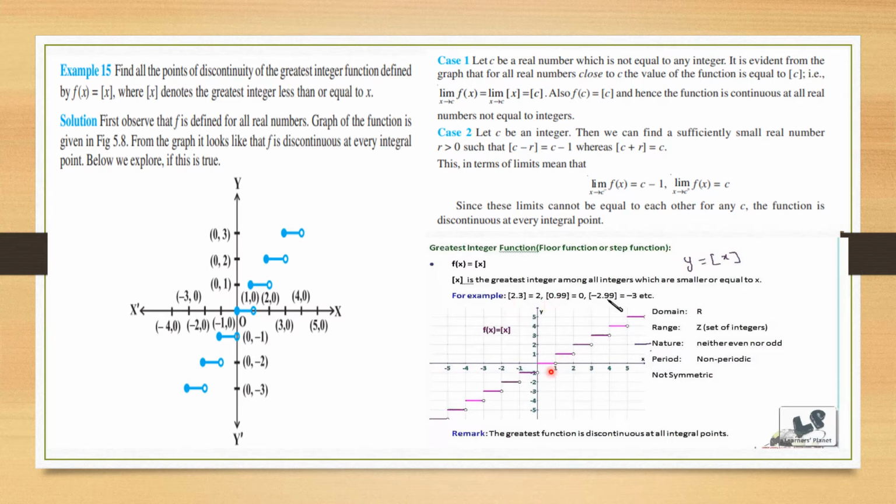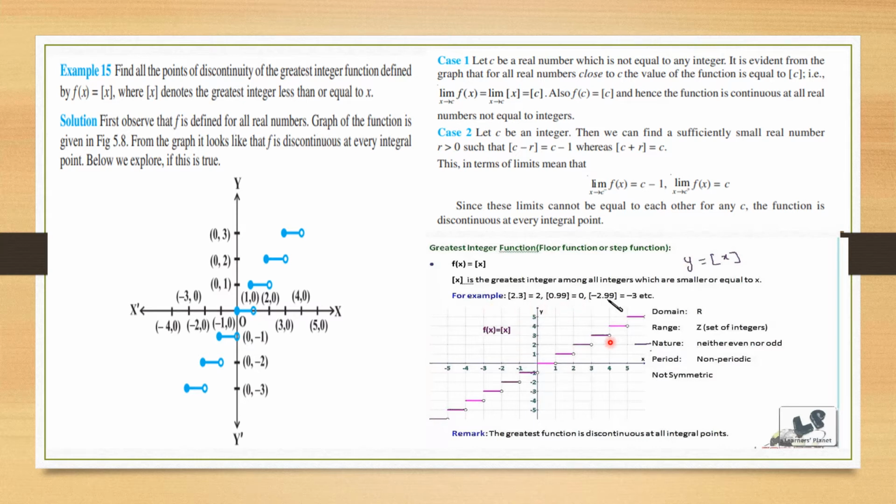Like 0.99 is here, between 0 and 1. To the left, which integer is there? 0. So the value is 0. Similarly, -2.99 is between -2 and -3, but to the left, which integer is there? -3. So the value is -3. This is how we evaluate the greatest integer function.